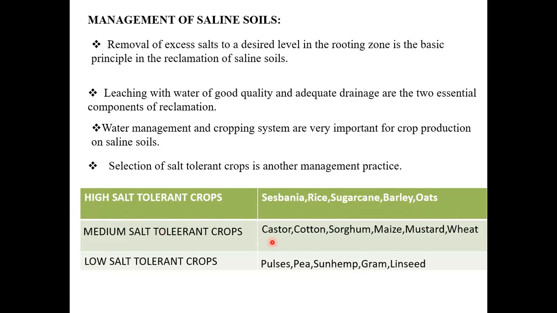What are those? Castor, cotton, sorghum, maize, mustard, and wheat. So these are the medium salt tolerant crops. Low salt tolerant crops are pulses, peas, some grams like red gram, and linseed. So these are the low salt tolerant crops, students.